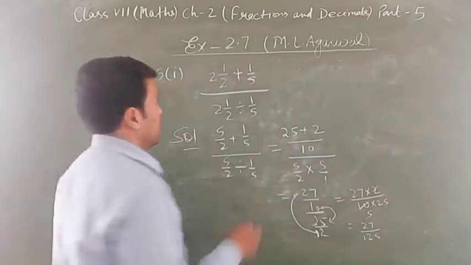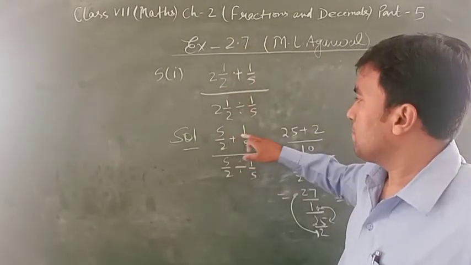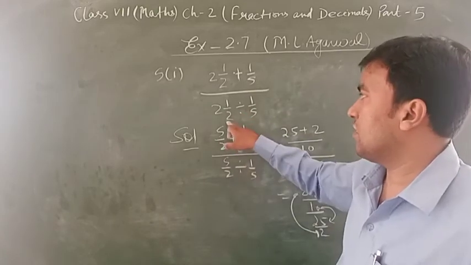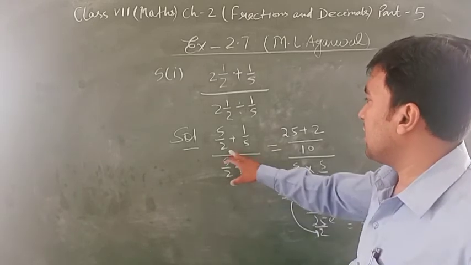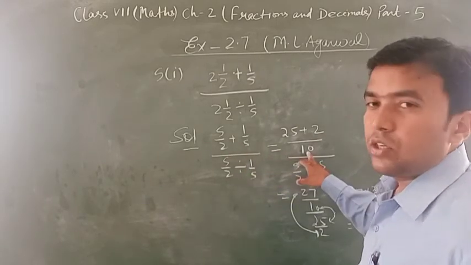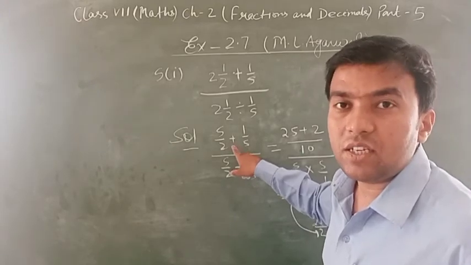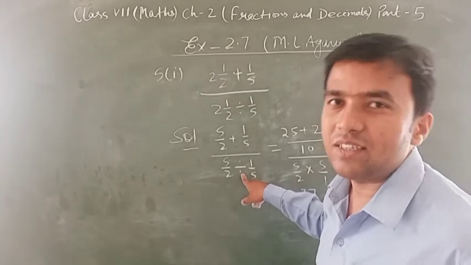Okay? Mixed fraction is given, change it into improper fraction, clear? It is given with a divide sign, so first change the mixed fraction to improper. After that take the LCM of the denominator. Here you will take the LCM of the denominator because here is a plus sign. Here you will not take the LCM because here the divide sign is given.